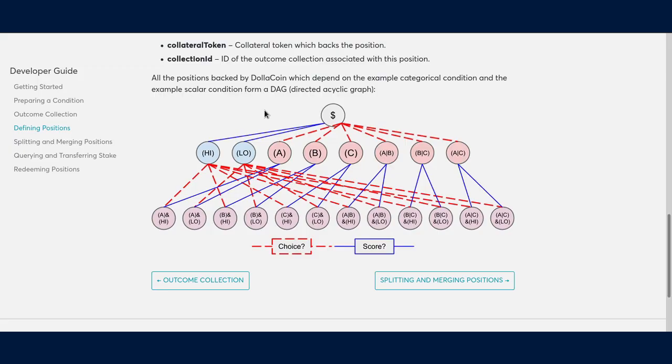We can also find the diagram of positions that are possible from two conditions and a single collateral token in the developer docs. In the transaction we've done, we had value in T1, and we took that value and split it into value in T1 under a condition that A occurs and value in T1 under a condition that B or C occurs.